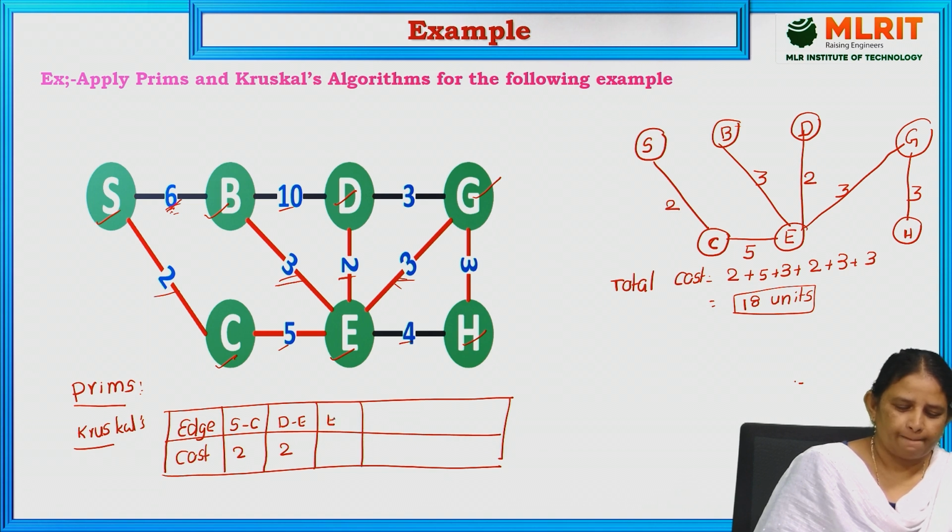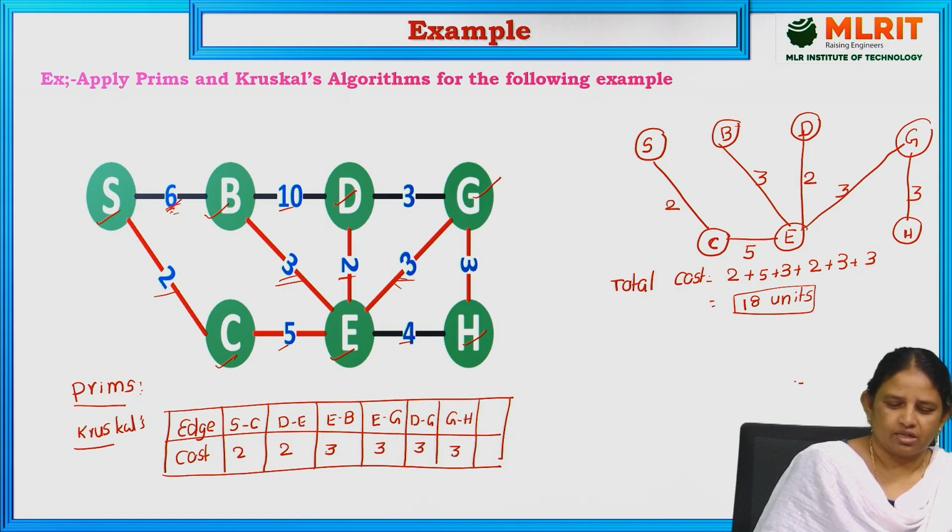E to B, cost is 3, then E to G, cost is 3, D to G, cost is 3, G to H, cost is 3, then E to H, cost is 4.